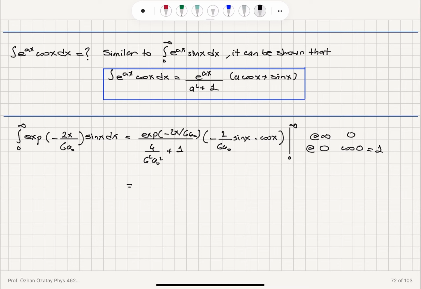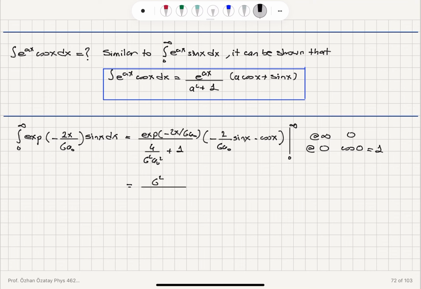because I evaluate at infinity, then I evaluate at 0 and subtract from the result at infinity. This is 0 minus this evaluated at 0. I have another minus sign here, that becomes plus. So this is going to be g square a0 square. If I take this upstairs, g square over a0 square, 4 plus g square a0 square. So that's going to give me my answer here.